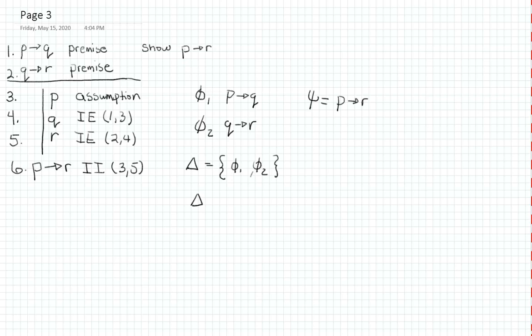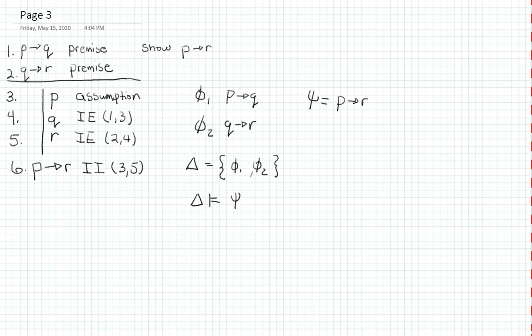So I would say here that delta, what would we write? We would write that delta entails psi. What this means is, if the set of sentences delta is true, that is to say, if these two premises are true, then the sentence psi must be true.